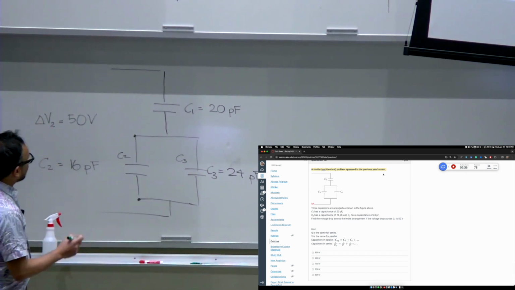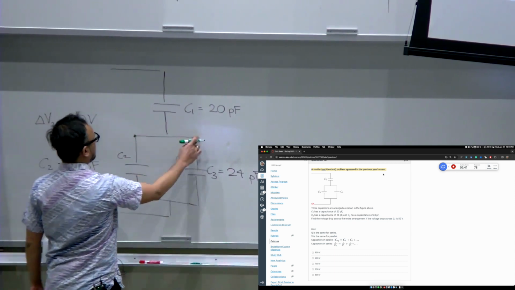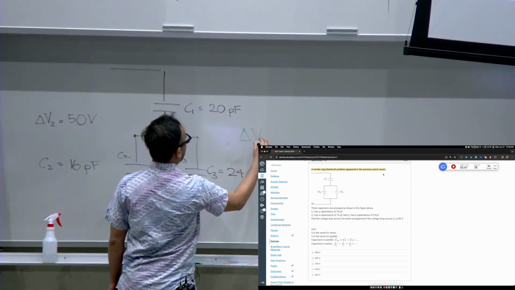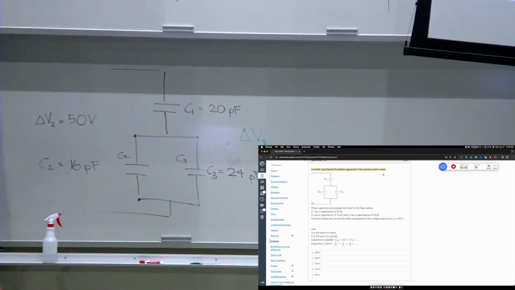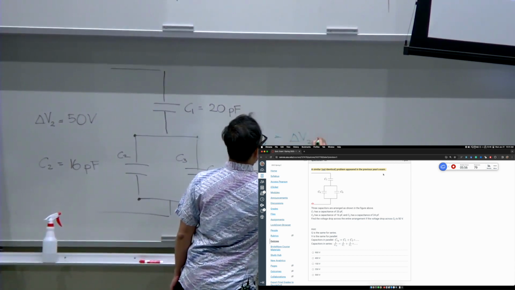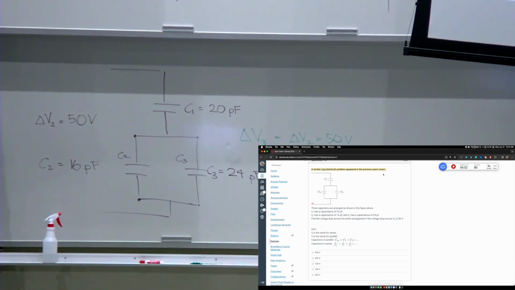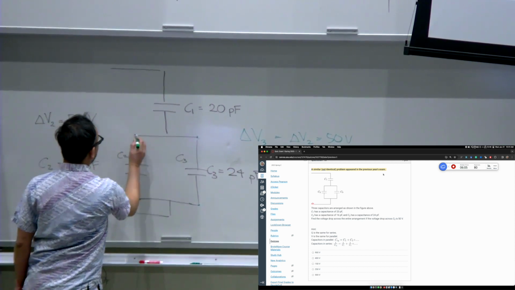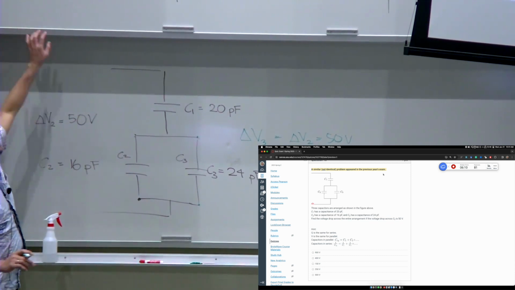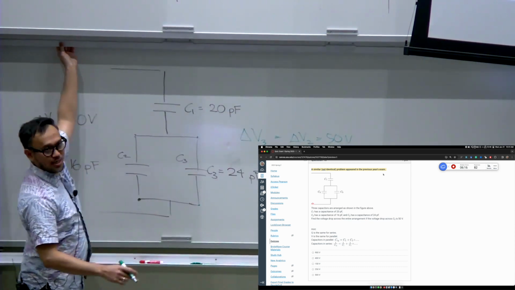All right, the hints. What is delta V? Delta V is the change of voltage across C2. What is the voltage drop across C3? Good. Who said the same? Congratulations, it's the same. Because they're connected by wires. If you have a conductor, the voltage is the same. Wires are conductors.